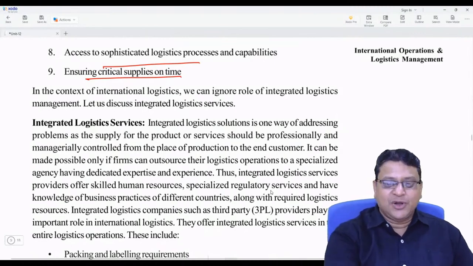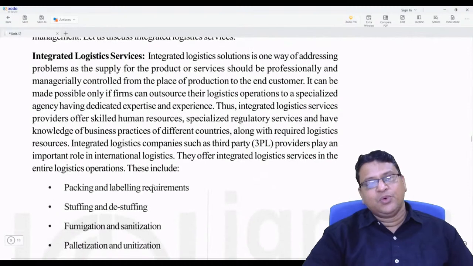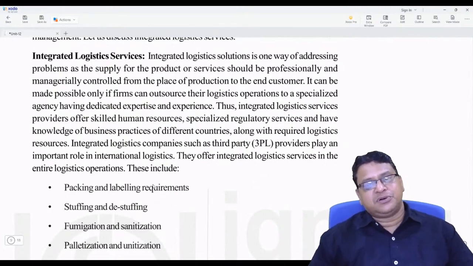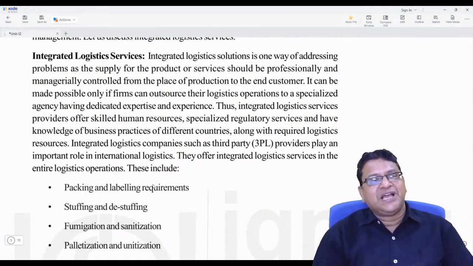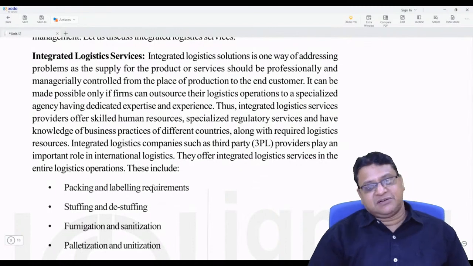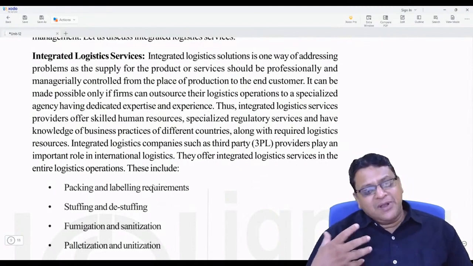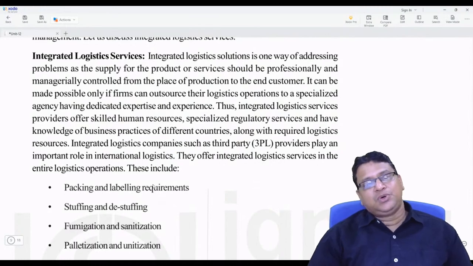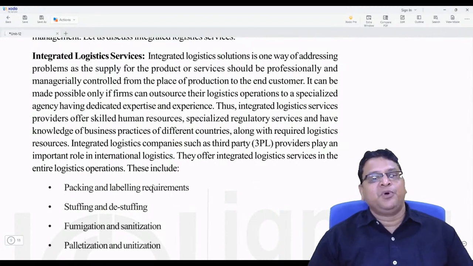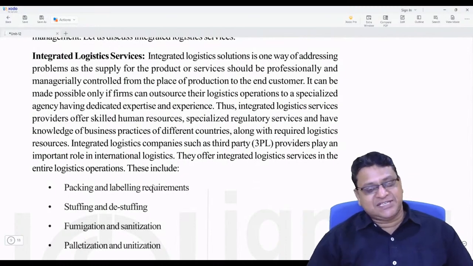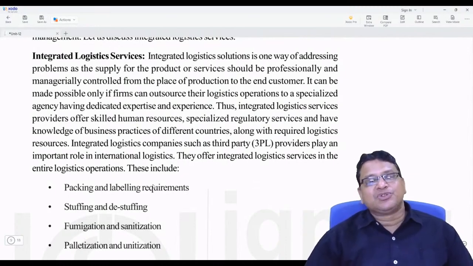Next, integrated logistics services. We know that logistics deals with point of origin to point of consumption. All activities from point of origin to point of consumption are considered under logistics management. A particular firm may not be able to specialize in all these activities, so there are many professional agencies which have expertise in logistics management.